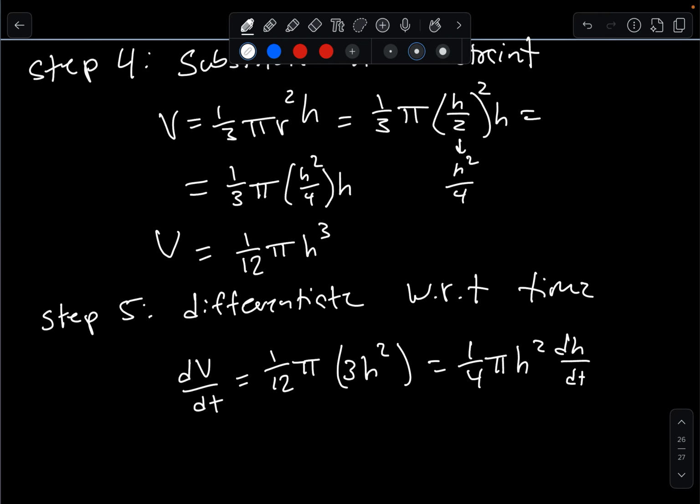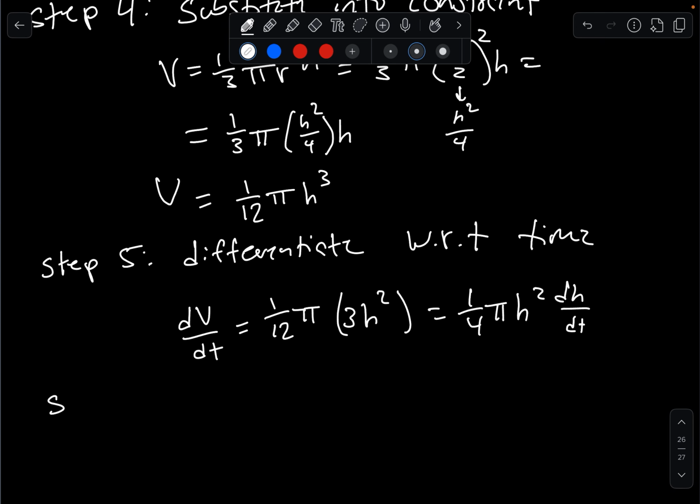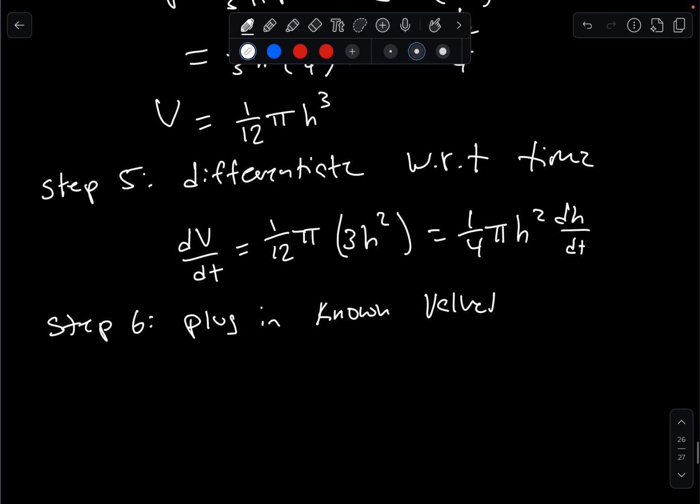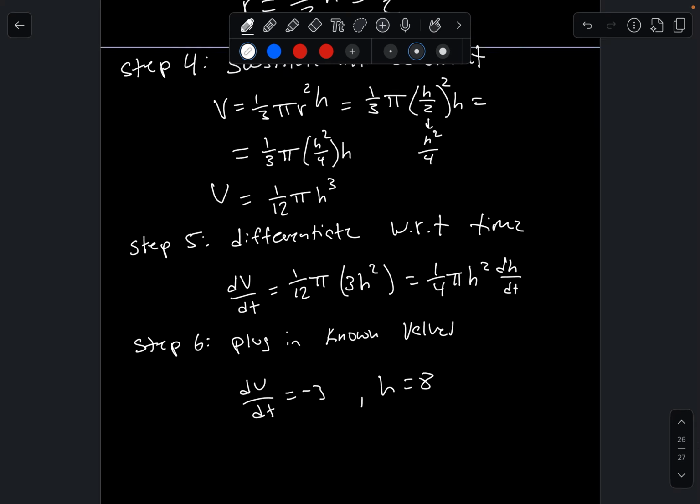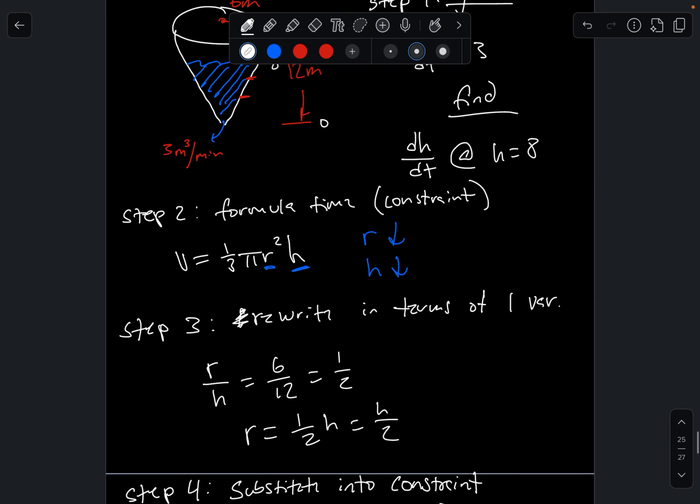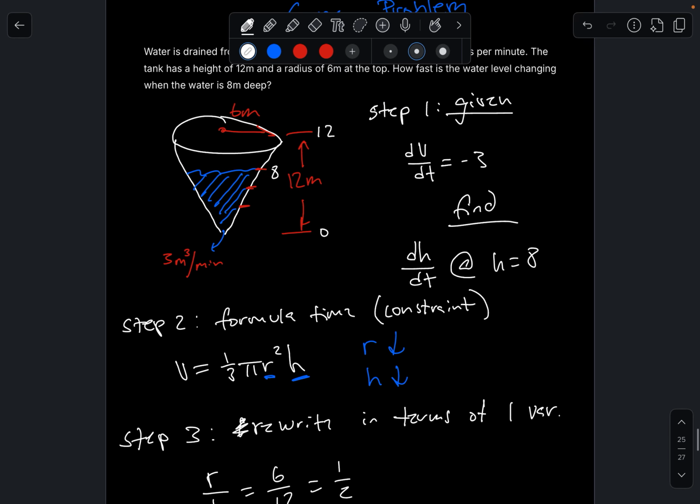All right, now let's plug in our known values. We know that dV/dt is equal to -3, and we know that h is equal to 8, as seen here.